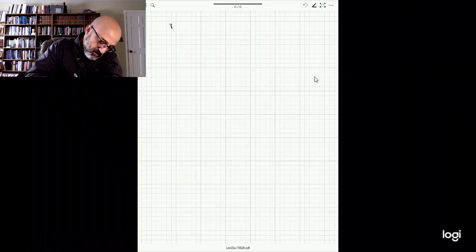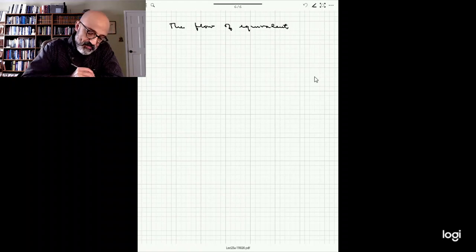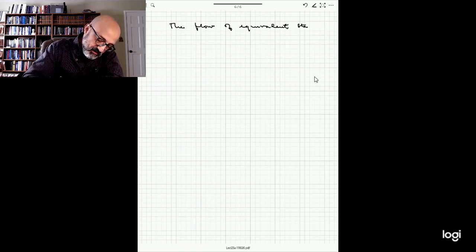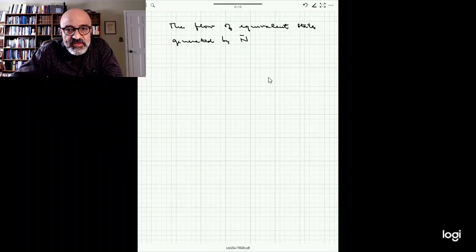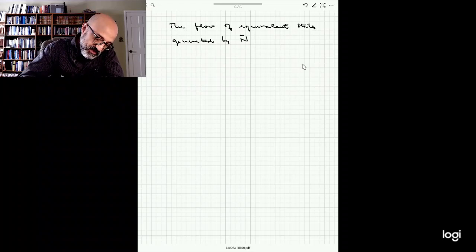The flow of equivalent states generated by the constraint or by the vector n, both languages are allowed. The flow of equivalent states generated by n is called an orbit, a gauge orbit.